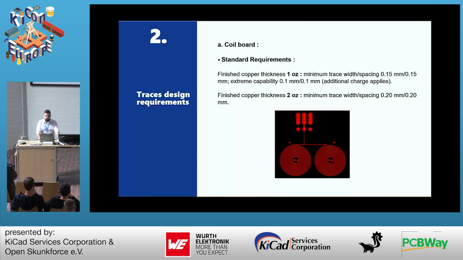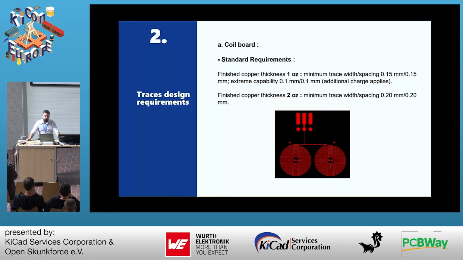Now I will talk about traces. Maybe you have seen on the board I'm sharing with you, we have a coil on the board. The trace width and spacing between two traces is different regarding the copper thickness you ask for.